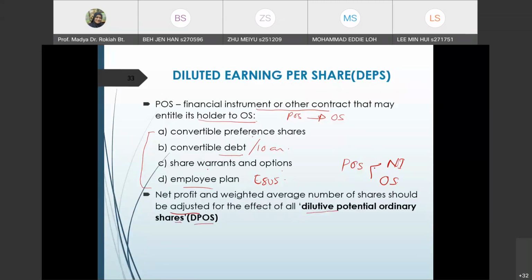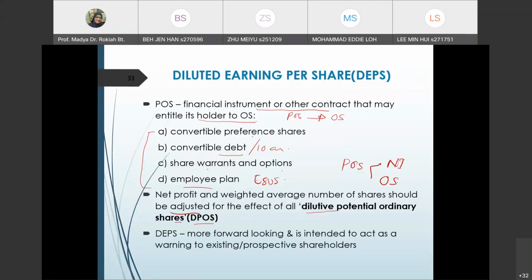The DEPS, diluted earnings per share, is more forward-looking and is intended to act as a warning to existing or prospective shareholders. The ordinary shares are going to increase, while net income may either increase or decrease, depending on the type of POS.